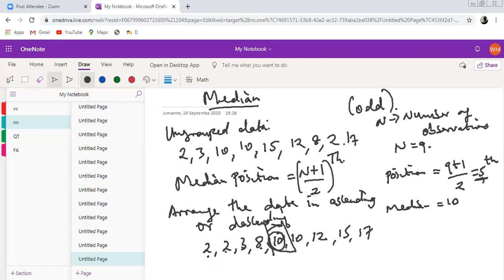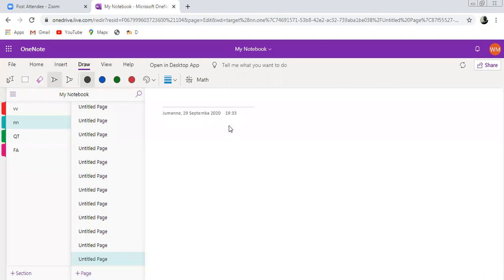What about if we have an even number of observations? If, for example, now you are given the profits of farms in thousands, maybe 120, 130, 90, 160, 85, 65, and maybe again 120. These are how many? 1, 2, 3, 4, 5, 6, 7. Let me add maybe 111.